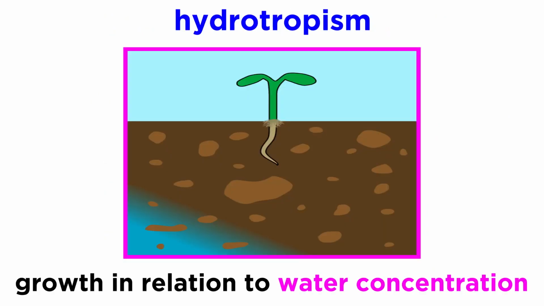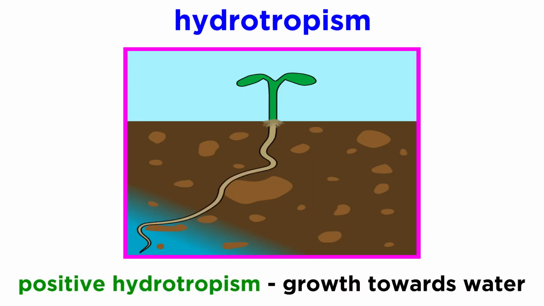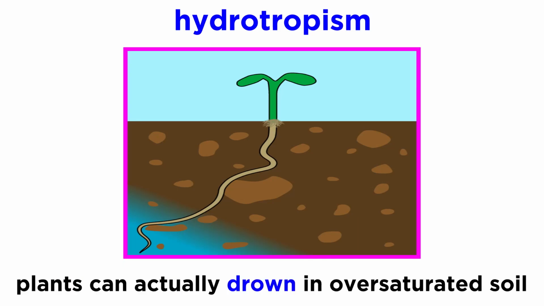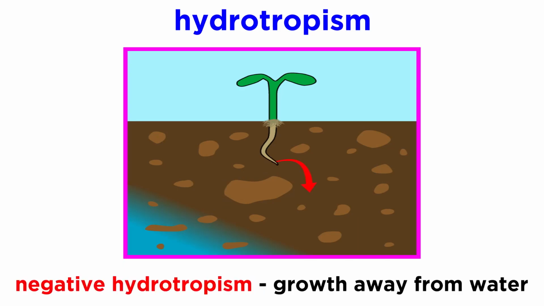Hydrotropism is growth in relation to concentrations of water. Positive hydrotropism causes plant roots to grow towards saturated soil in order to collect water for the plant. But there is also such a thing as having too much water. Plant roots can actually drown in oversaturated soil, so negative hydrotropism causes roots to grow into drier soils.